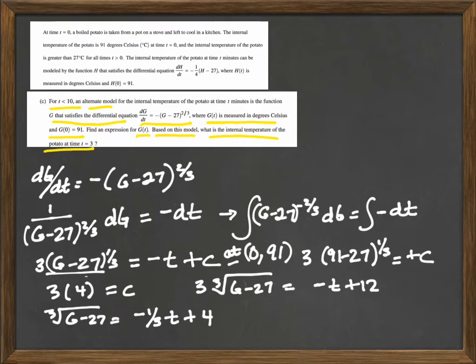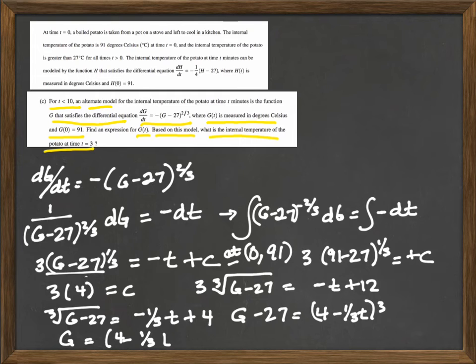And so g minus 27 equals (4 minus 1/3 t) cubed, and g then equals (4 minus 1/3 t) cubed plus 27.